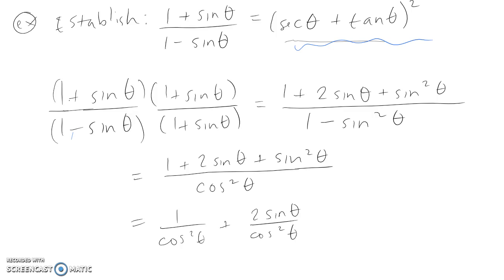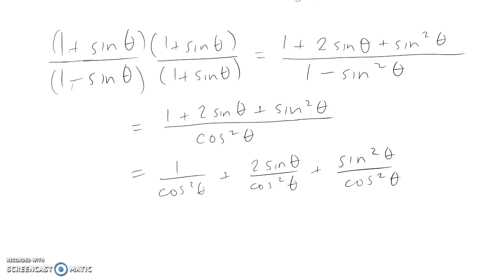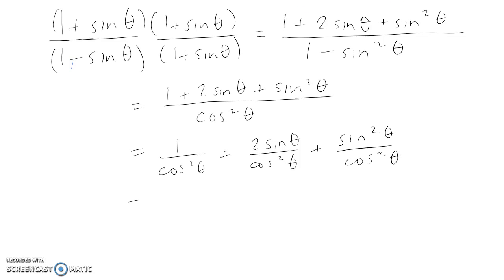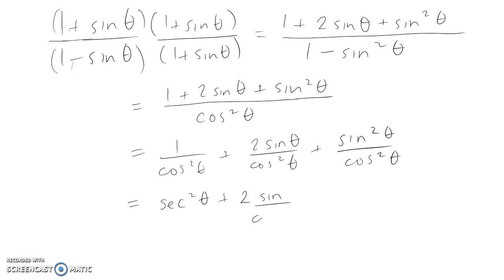This is something else I suggested doing in my hints. Every term in the numerator gets written over the common denominator. Now, since I'm going towards secant and tangent, let's put it in terms of secant and tangent. This is 1 over cosine squared, so this is secant squared. Now, if I take one of those cosines from the cosine squared and put it under sine, that's going to give me tangent, and this 1 over cosine is going to give me a secant.